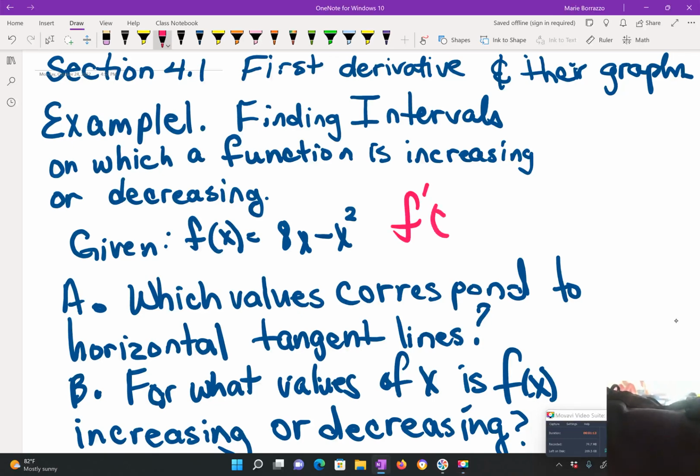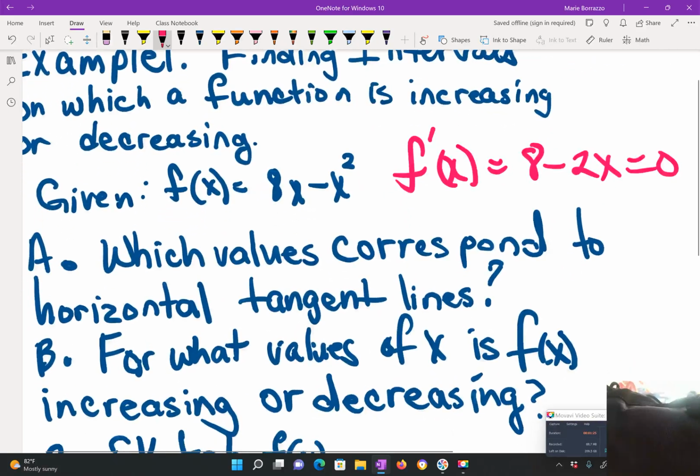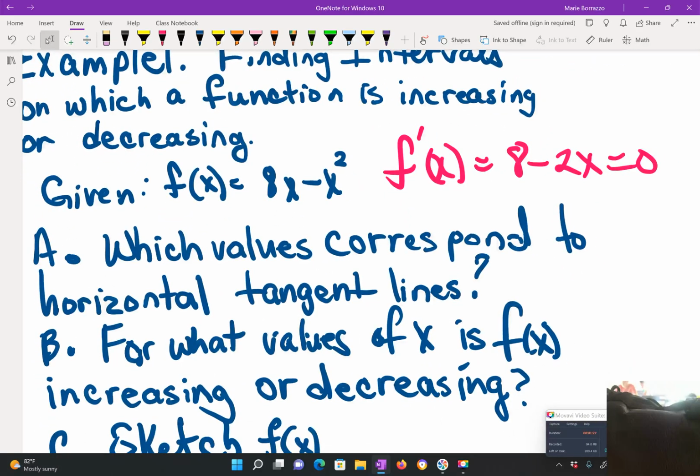If I differentiate this, I get 8 minus 2x equals 0, which means I can factor out a common term. If I factor out a 2, I end up with 4 minus x, and since that's equal to 0, I have x equal to 4.